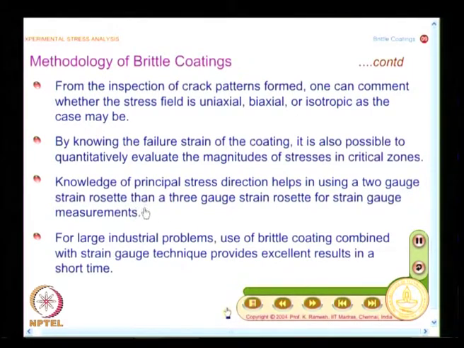So, I reduce one strain gauge per point, and the great success of brittle coatings is that, in conjunction with the strain gauge technique, the combination provides excellent results in a short time for industrial problems.